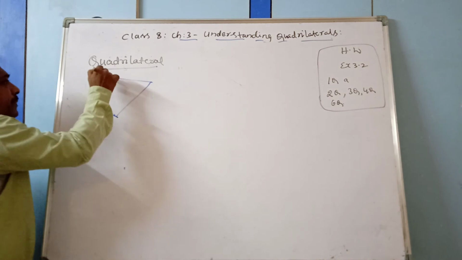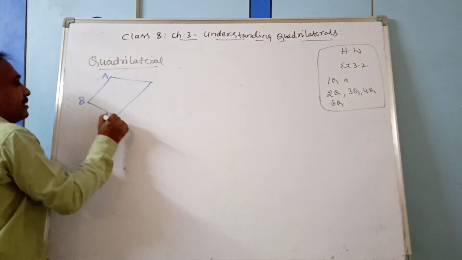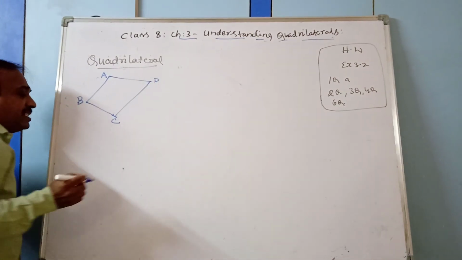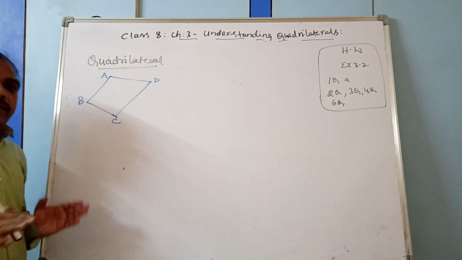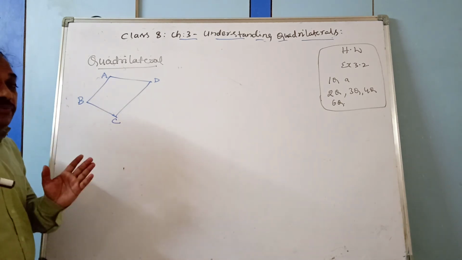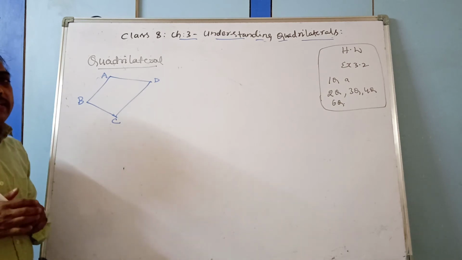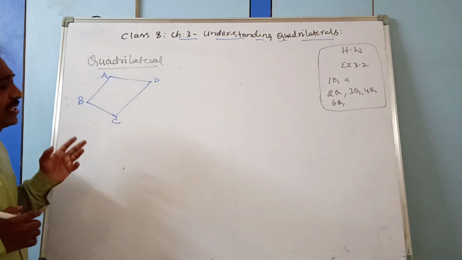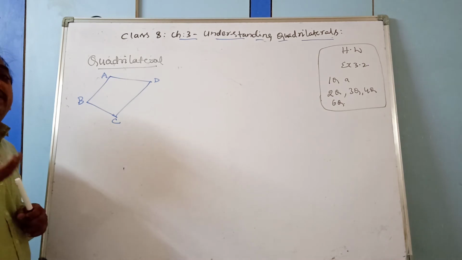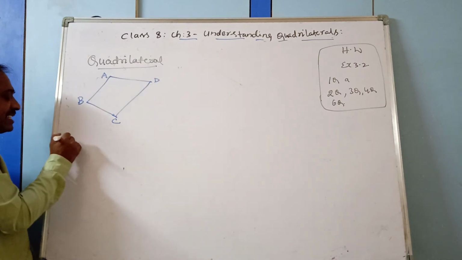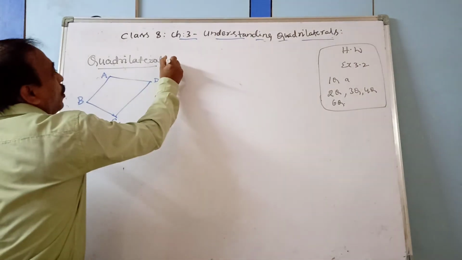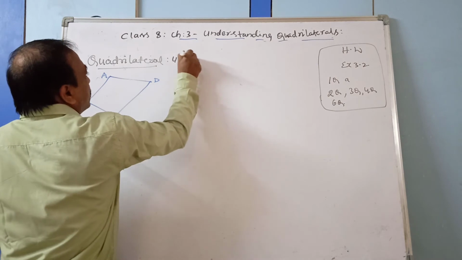So here A, B, C, D. Observe it. ABCD is a quadrilateral. Every quadrilateral, whatever it is, will have some similarities, which are called the basic elements. First, a quadrilateral is a four-sided closed figure.